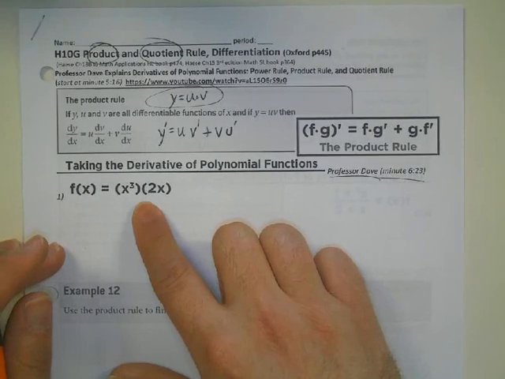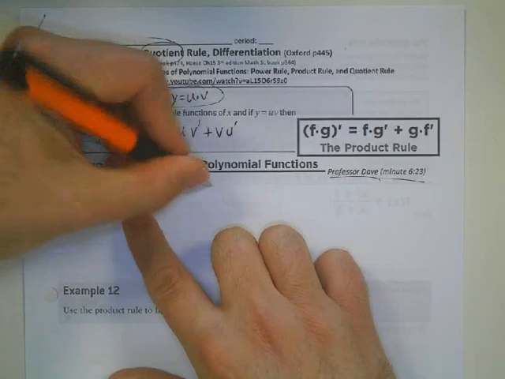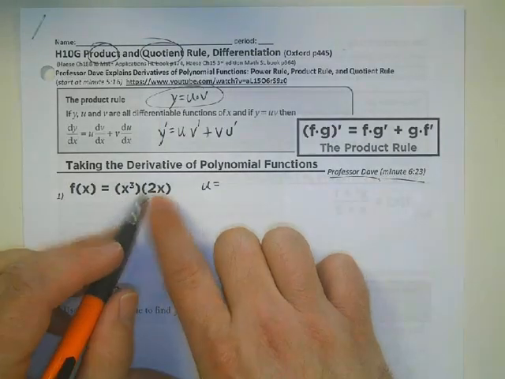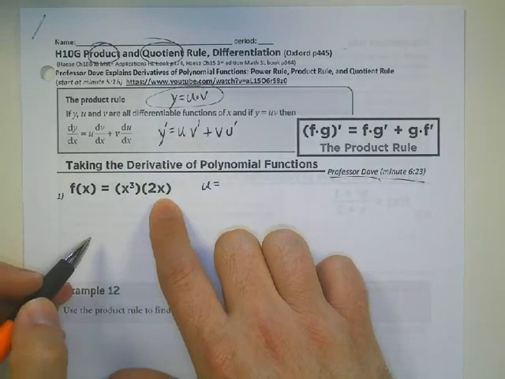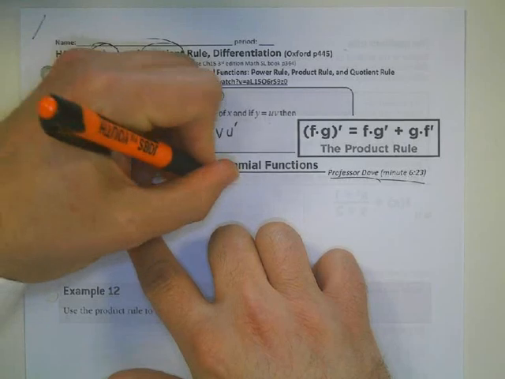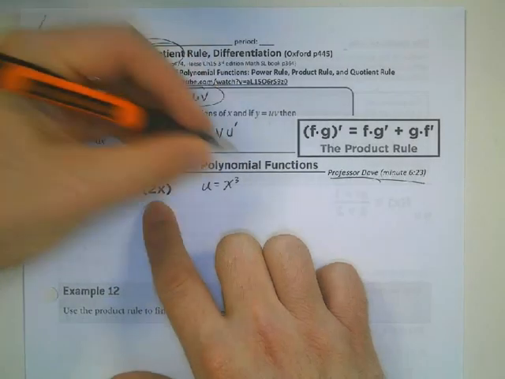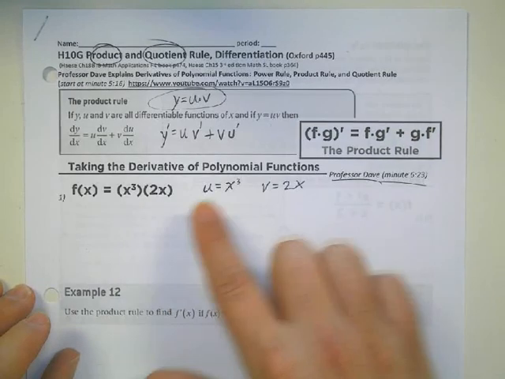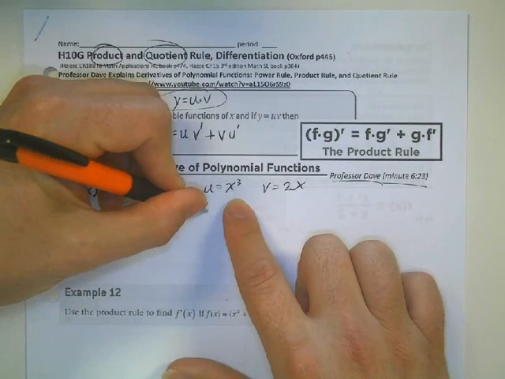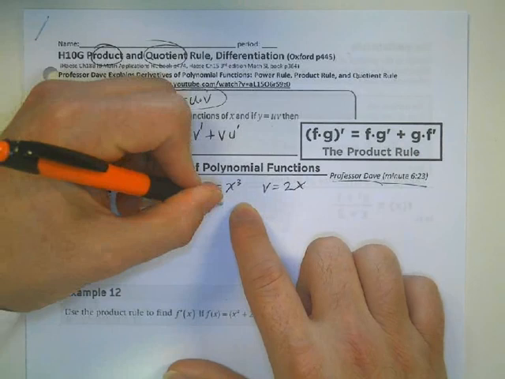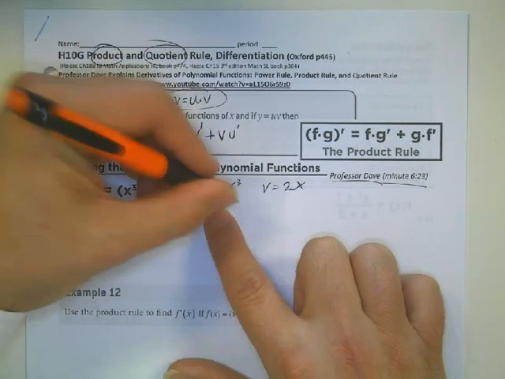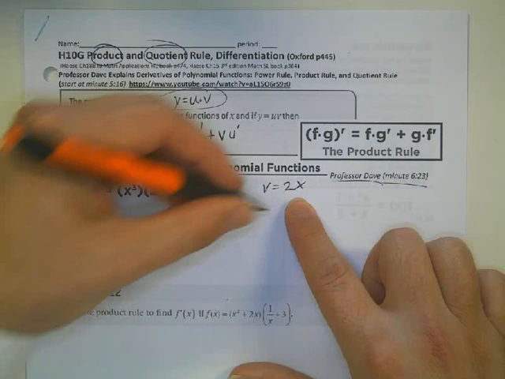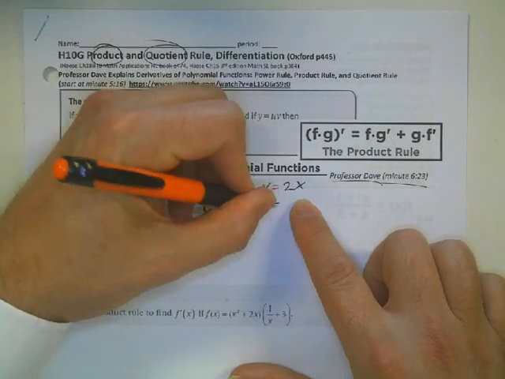So anyways, here we've got a product, this times this. So using the product rule, I could say u is equal to x cubed, and v is equal to 2x. So now I can take the derivative of u, so I'm going to call this u prime, and the derivative of x cubed is 3x squared, and the derivative of v is simply 2.